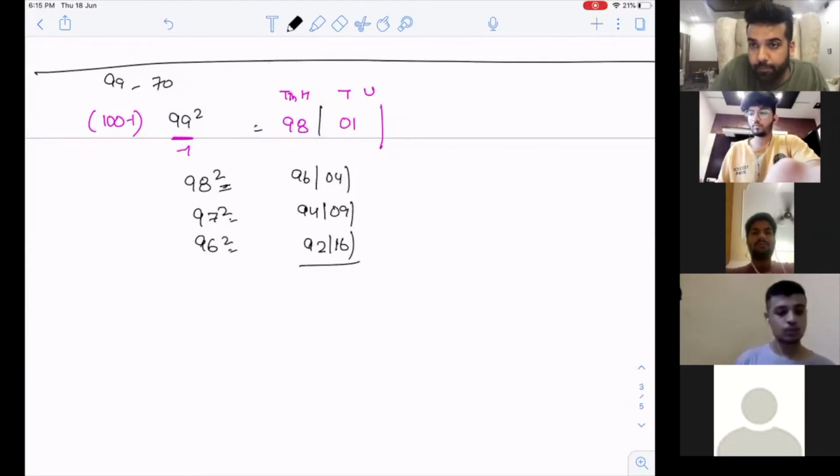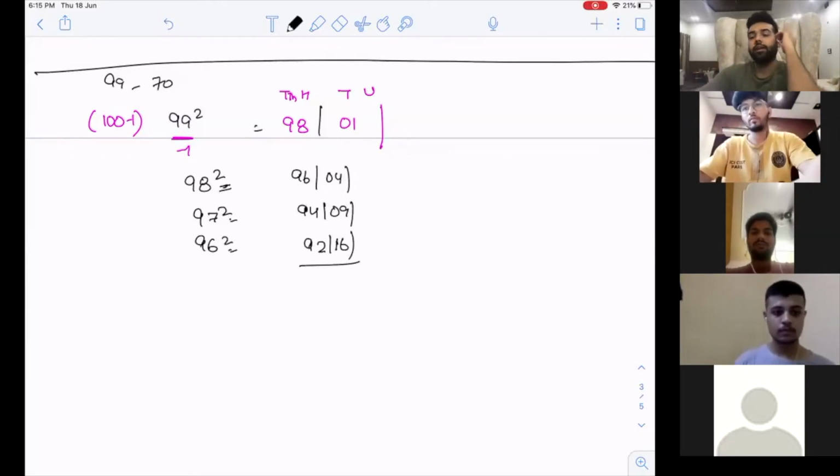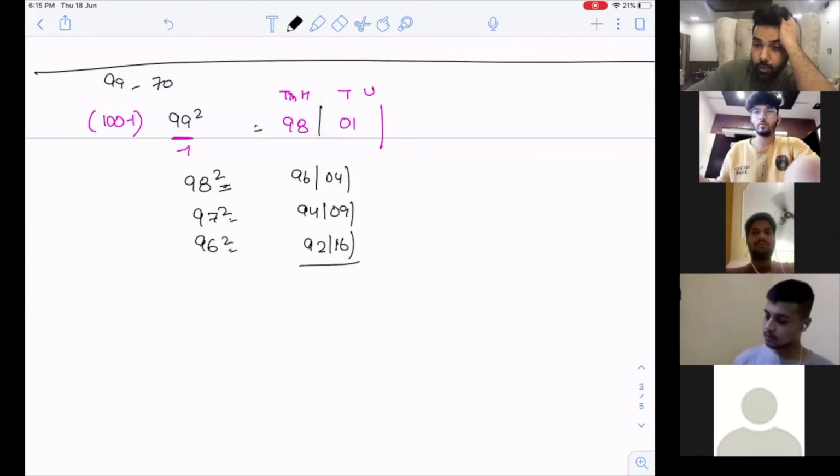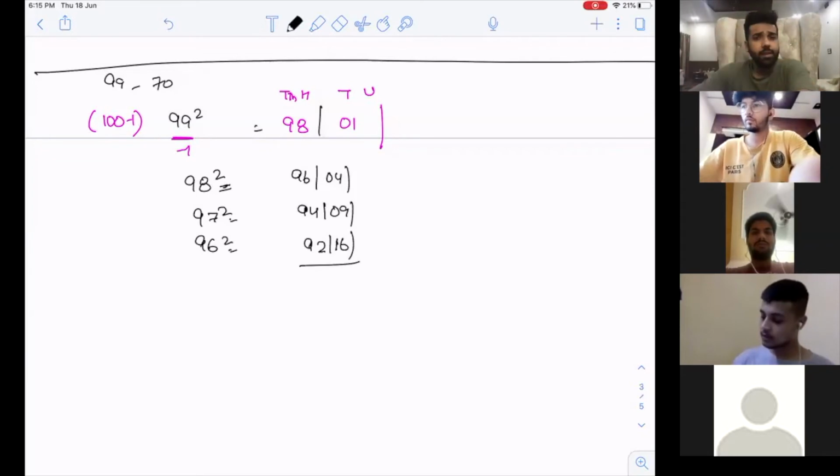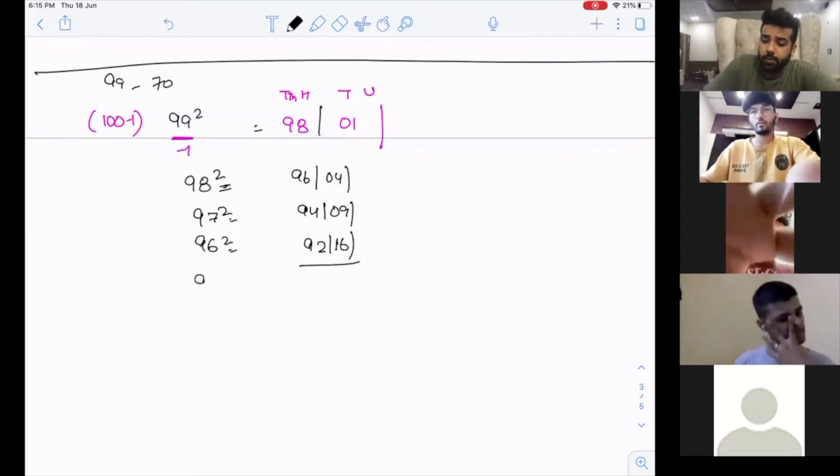Clear? Similarly, 95 square is 9025. 94 square is 8836. 93 square, what would be the answer? Quickly. 8649. Clear? Okay, now Krishna, you will tell me what is 92 square.